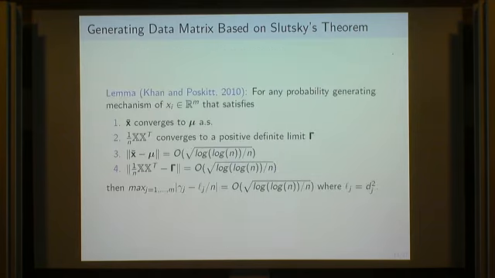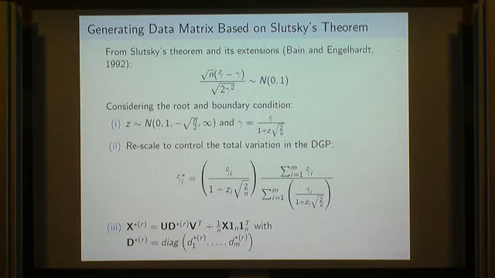We can place this by this relationship here, and this here. Then we can calculate this, because there is a good relationship between singular values and eigenvalues. So in this way, we can generate the data matrix based on Slutsky's theorem and the eigenvalue and singular value decomposition.